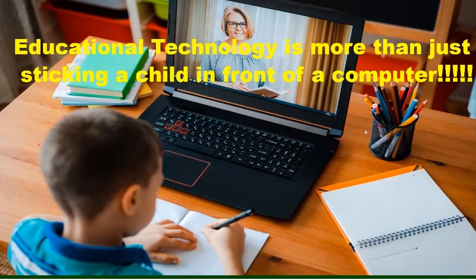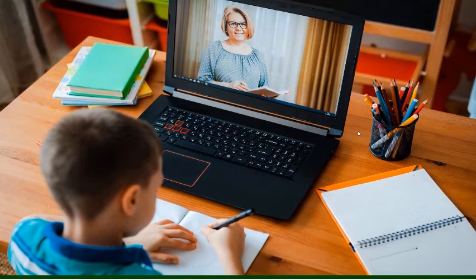As you know, educational technology is more than just sticking a child in front of a computer. You need to know what that child is doing, and you need to have a rationale for whatever activity you're doing and whatever tools you're using.